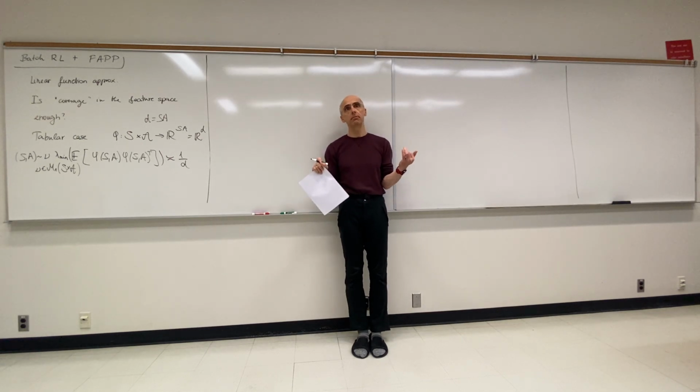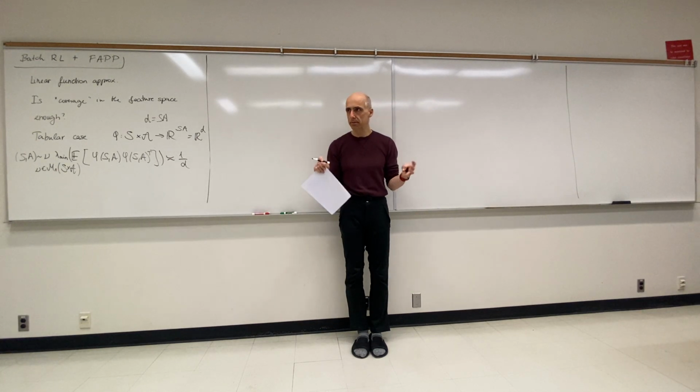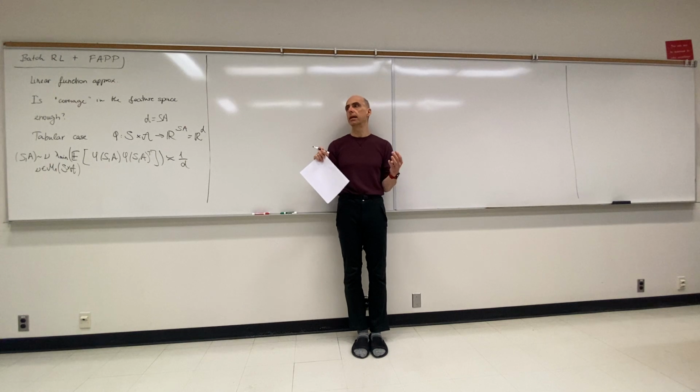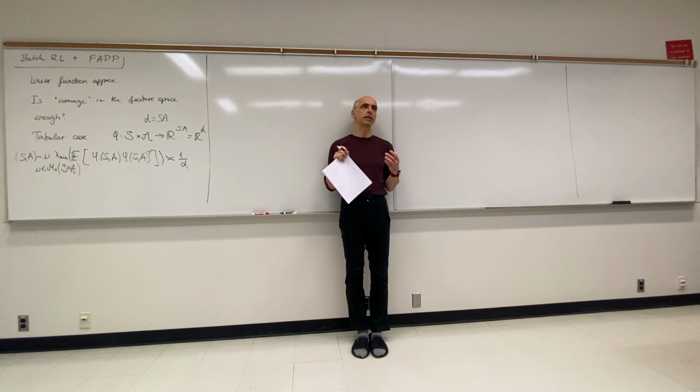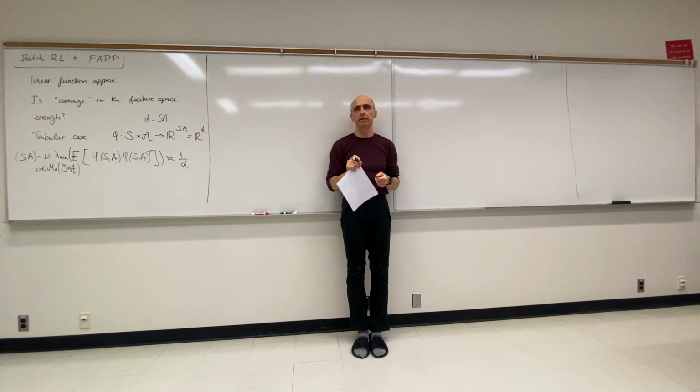We have spent quite a bit of time understanding that in the tabular case, when you're uniformly sampling state action pairs, you can efficiently solve the off-policy estimation problem, the off-policy optimization problem, everything can be done efficiently, polynomially in the number of state action pairs, which is polynomial in d as well, because d is the number of state action pairs in this case. So we may have high hopes that this is going to work.